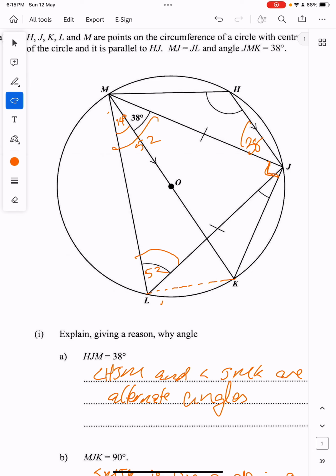So angle LMK and angle LGK are coming from the same chord, so therefore here is going to be the same 14 degrees, right? So we can see that this angle is coming from there, and then this one is coming from the same position, so therefore we get the butterfly effect there, and therefore they are both 14 degrees.